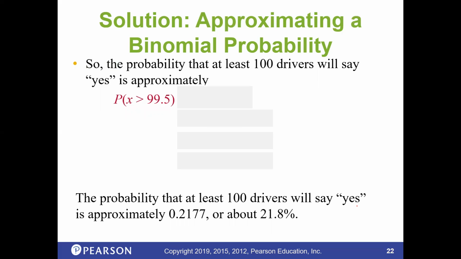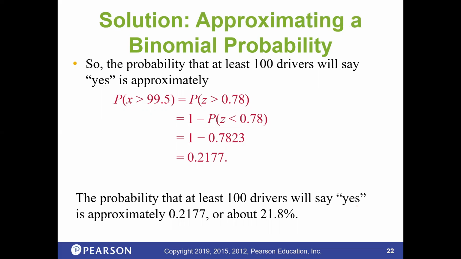X is greater than or equal to 99.5. Since it's a right tail test, you're looking at a Z value of greater than 0.78. And because it's right tail, you're going to look at the complement of it, right? Does that make sense? It's the complement of that. So when you put it in, you should get a 0.7823. Hey, that's funny. And then subtract it from 1. So again, that's by table.